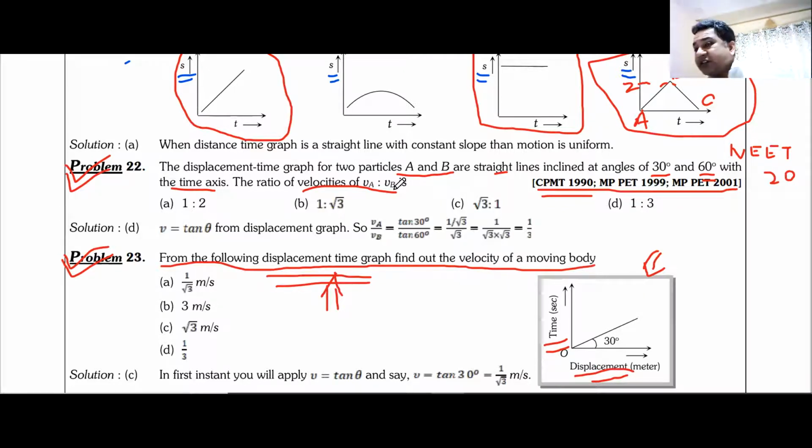the ratio of velocities. Can anyone tell me some answers? Give me some answers. Niharika has come up with an answer instantly. Good work, Niharika. That is the correct answer.